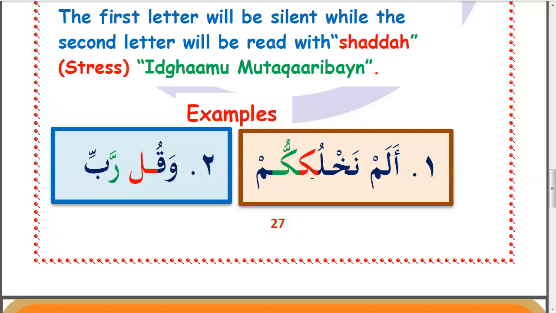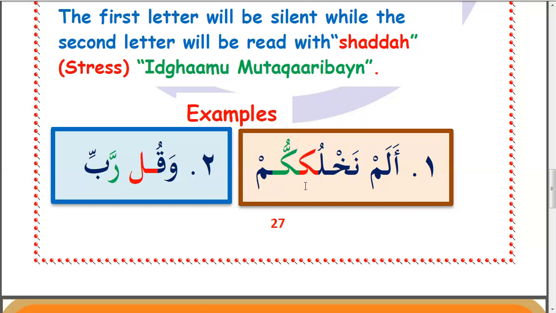As you know, idgham means assimilation, to put a letter into another letter. We read this as Alam nakhluqkum. The qaf will be silent because it has been merged with the kaf after it.